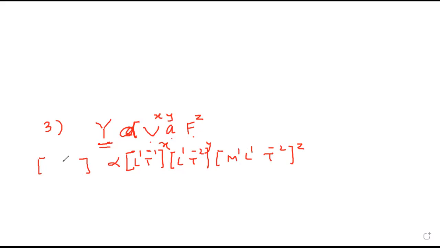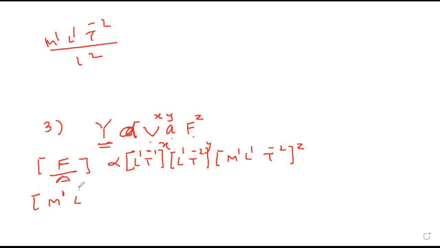Young's modulus has the same dimension as pressure, force upon area. Now can you tell me the left hand side? Force is M1 L1 T minus 2, area is L2.